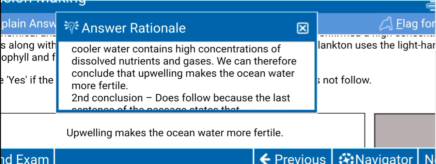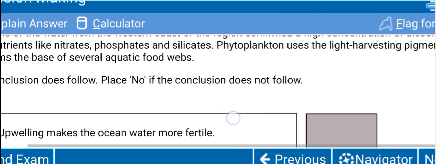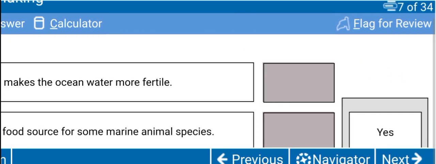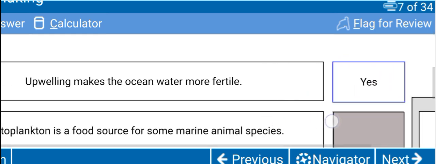We can therefore conclude that upwelling makes the ocean water more fertile. So the first conclusion does follow the statement. So we will drag a yes and drop it here.